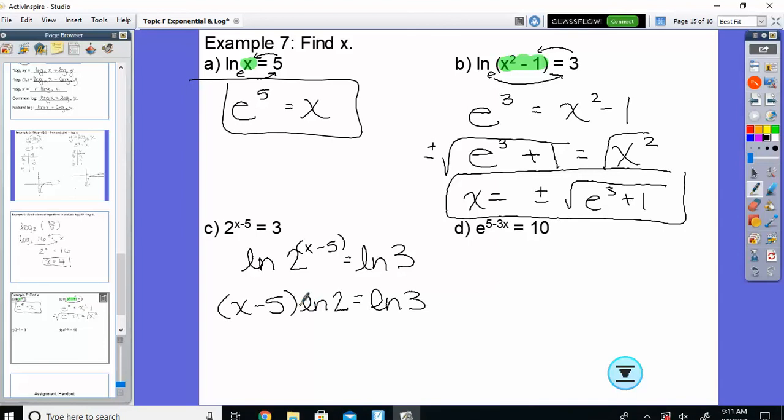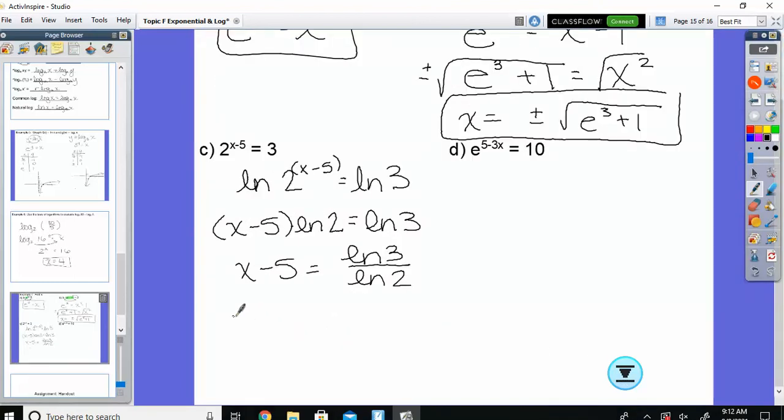Okay, if I'm trying to get x by itself, I'm multiplied by the natural log of 2, so we should divide that. And then what would we do?